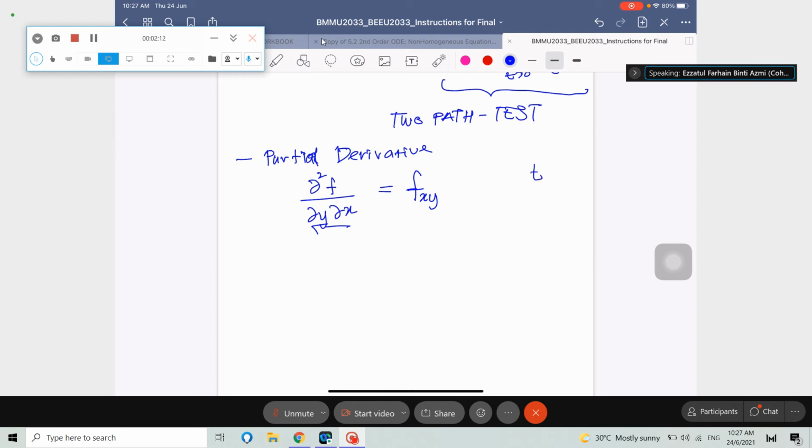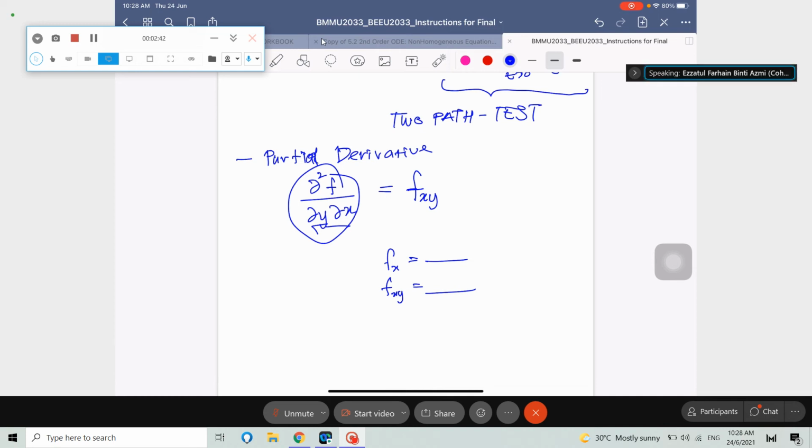T looks like f. The other day in the exam, some wrote T upside down. I already reminded them. No. T must be like this. Even the computer writes it like this. Okay, f_xy. So find f_x first, and then find your f_xy. This is what I mean. Partial derivative, higher order. Normally they will ask you higher order.